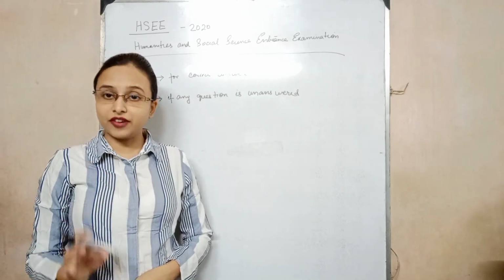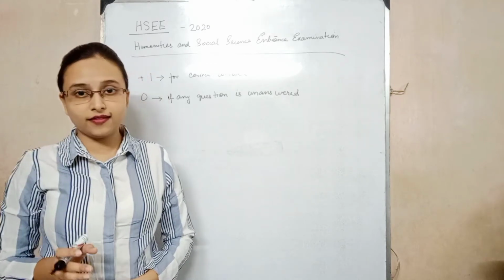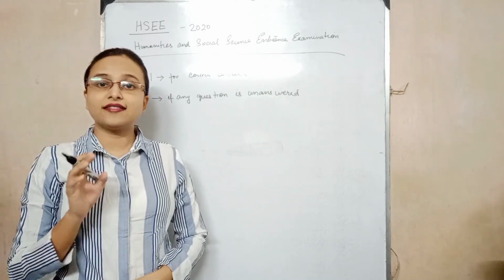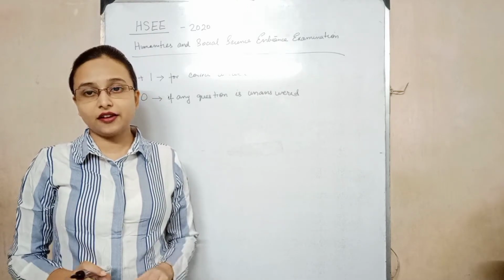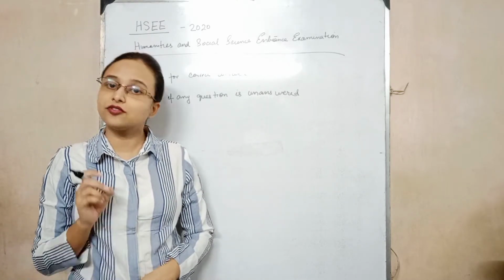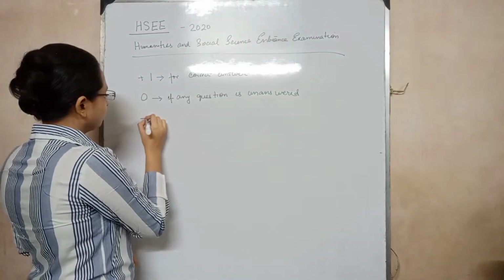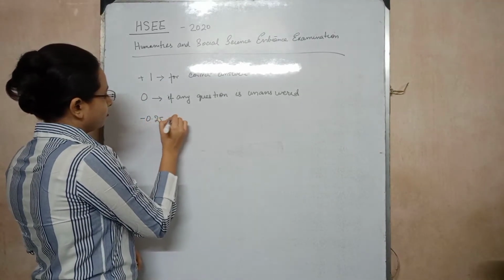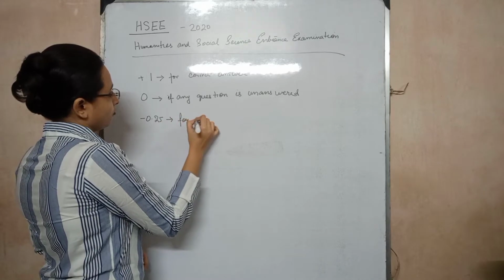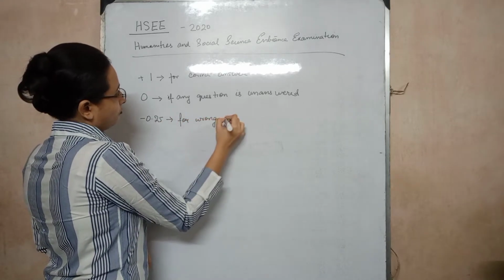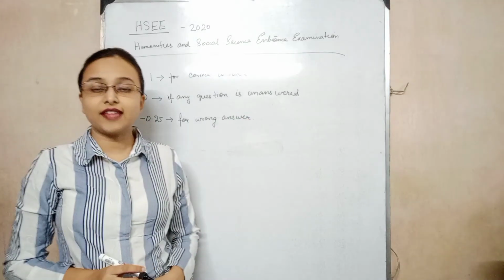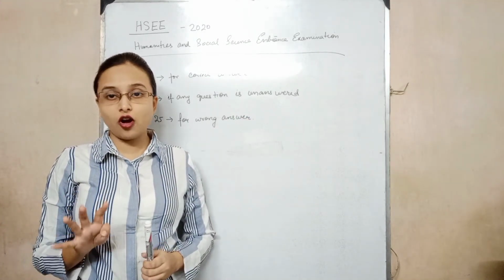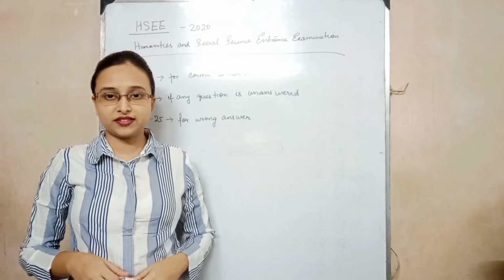But in case of negative, that is for a wrong answer, you will be marked 0.25 negative if the option is chosen as the wrong answer. Which means that if you are choosing 4 wrong answers, then you will lose 1 mark.